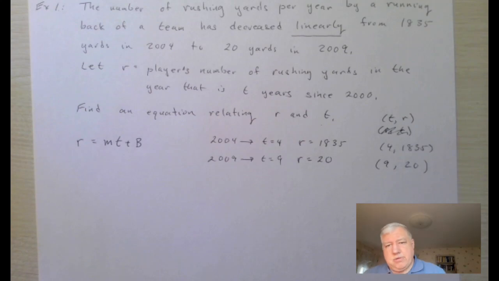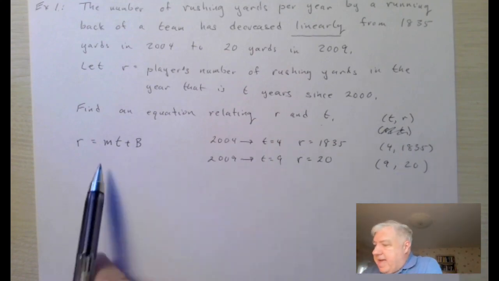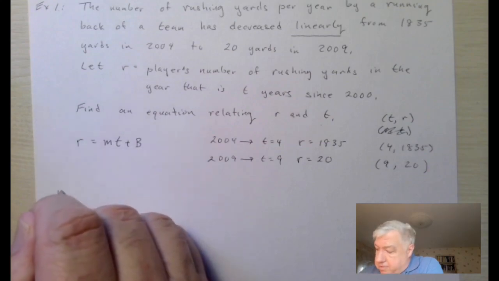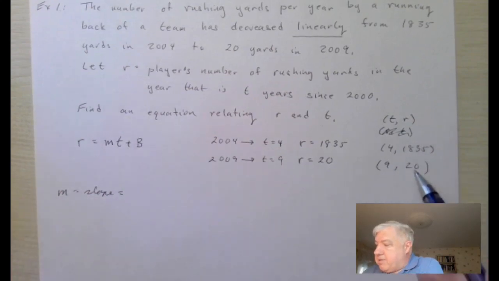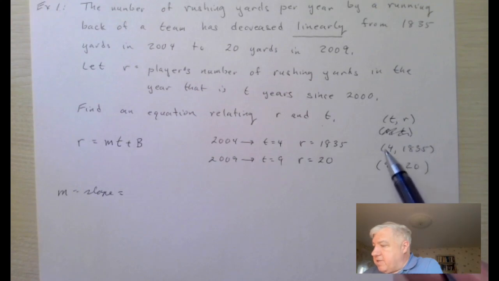If I asked you to find the equation of the line that passes between these 2 points, we should be able to do that. It's just that instead of x and y, we're going to be using t and r. So this m is going to represent the slope, the change in the y-coordinates, in this case the r-coordinates, divided by the change in the x-coordinates, in this case the t-coordinates.